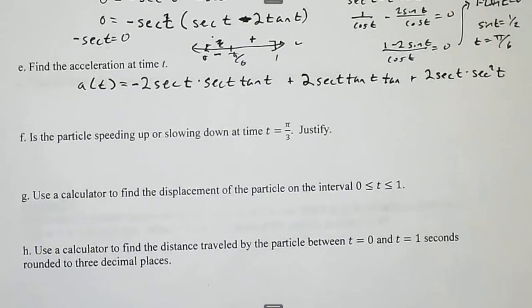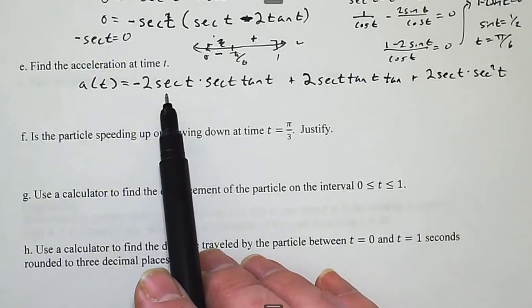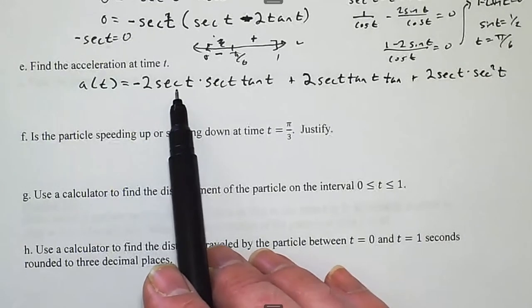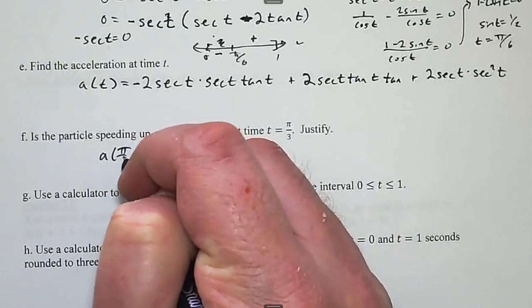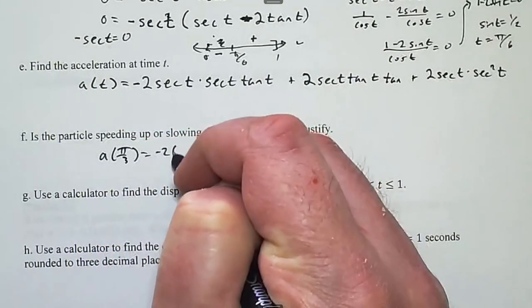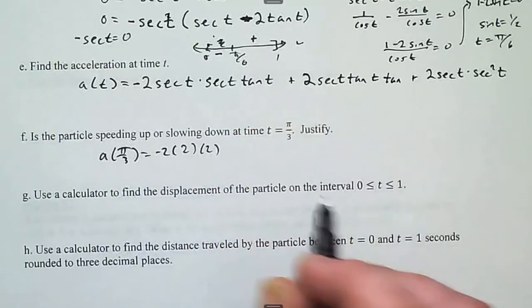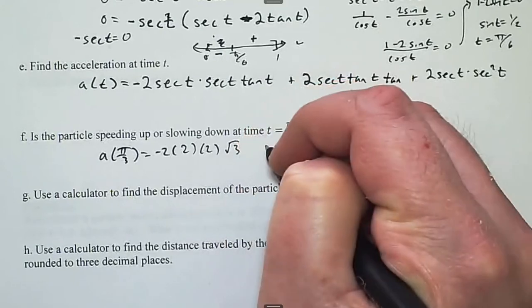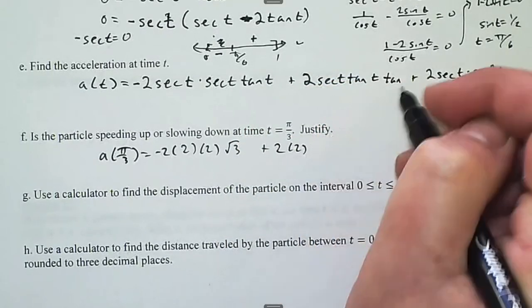All right, is the particle speeding up or slowing down at time pi over 3? So we've got to put a pi over 3 in all this stuff. So that is negative 2 times 2 times 2 times root 3. The secant of pi over 3 is 2. The tangent of pi over 3 is root 3. The secant of pi over 3 is 2. The tangent is root 3.